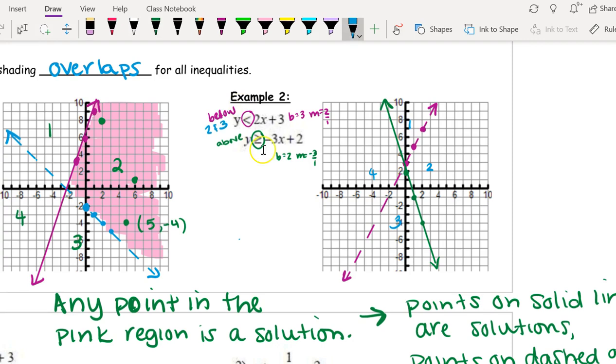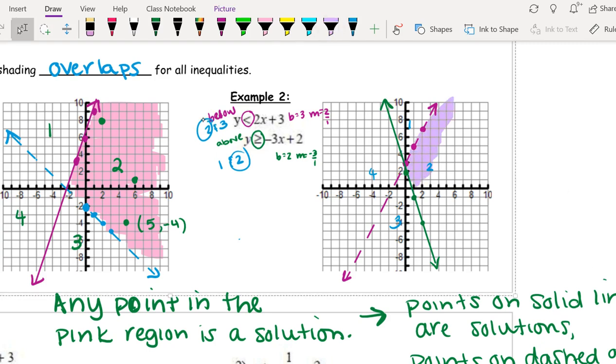Above the green line is region 1 and 2. Well, what region is in both of these? 2 and 2. So we would shade everything in region 2. So that's defined by the boundaries of the line. Okay? Hopefully that makes sense.